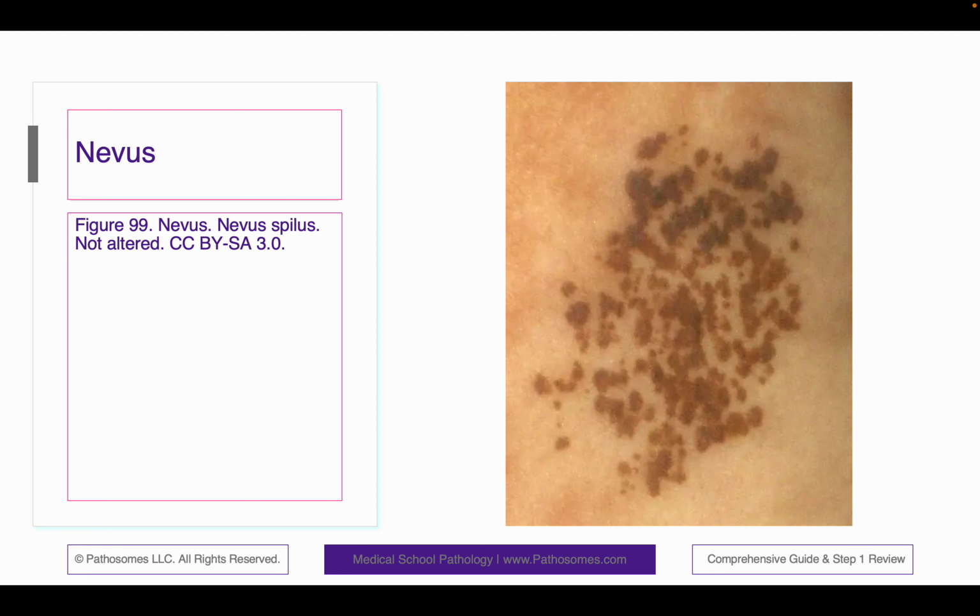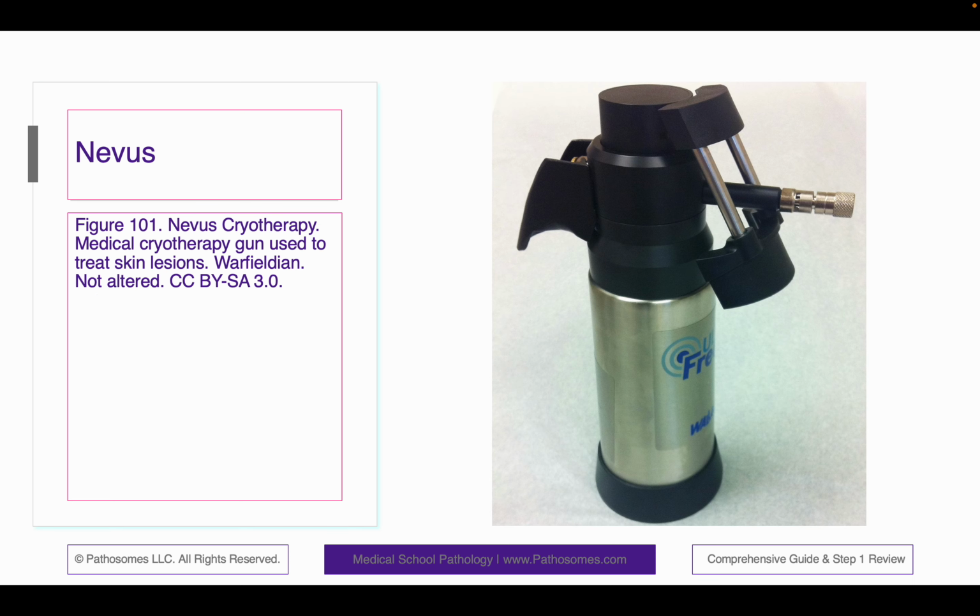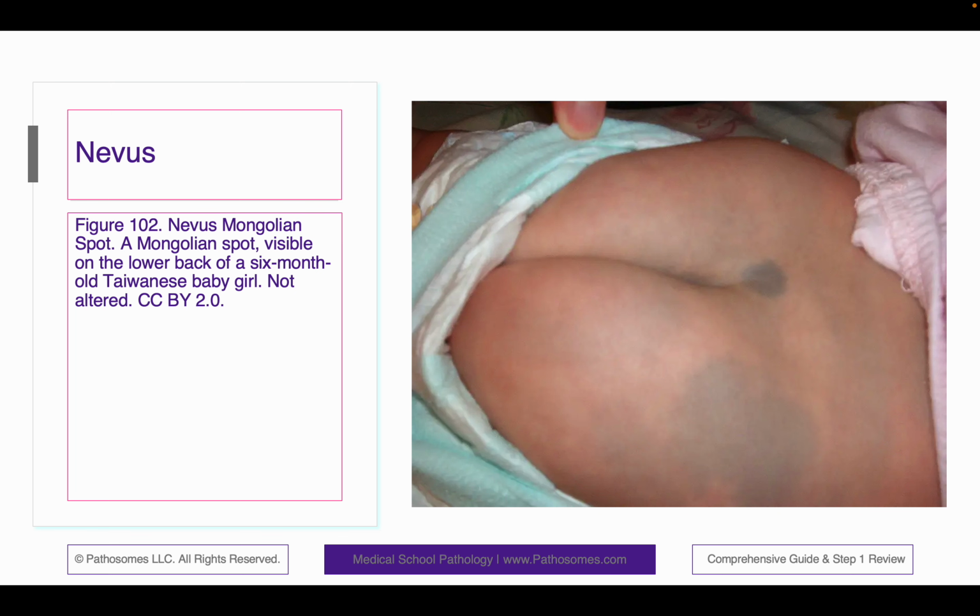Here we have a picture of a specific type of nevus known as a nevus spilus. And here we have a nevus sebaceous, yes, that protuberant lesion with hair coming out of it is a type of nevus. And cryotherapy can be used to treat skin lesions. And here we have a Mongolian spot visible on the lower back of a 6-month-old patient.